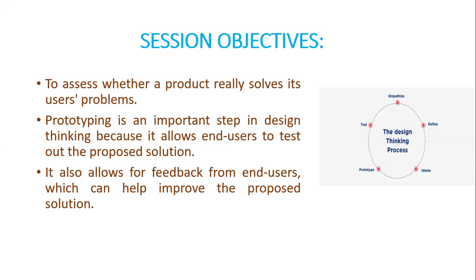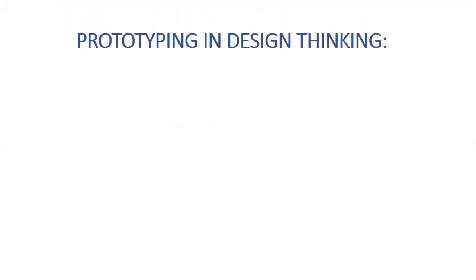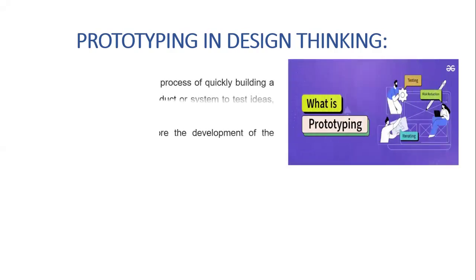Moreover, from prototyping, we can gather feedback from the end users. Based on their suggestions, we can improve the proposed solution of the model. With this key input information, now we will move on to the main agenda of today's seminar presentation, prototyping in design thinking.